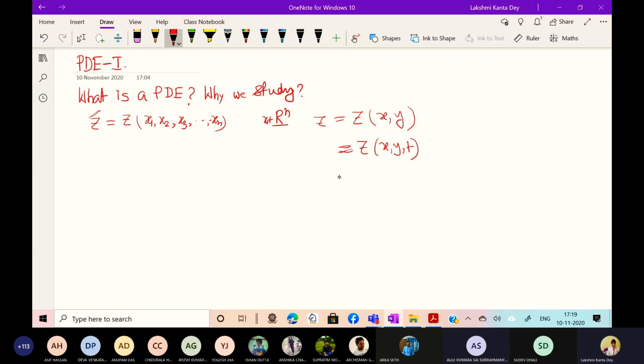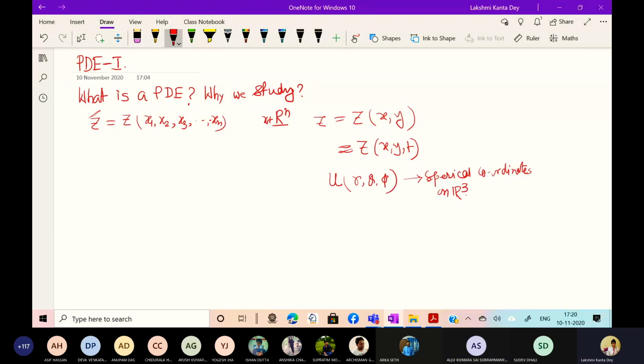And sometimes, particularly in the spherical coordinate system, here u is a function of r, theta, phi.